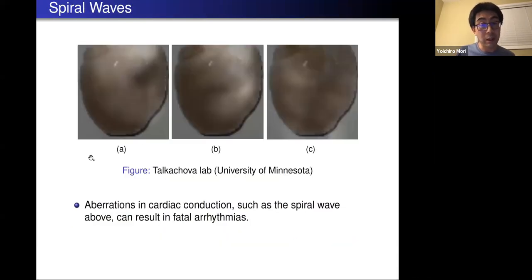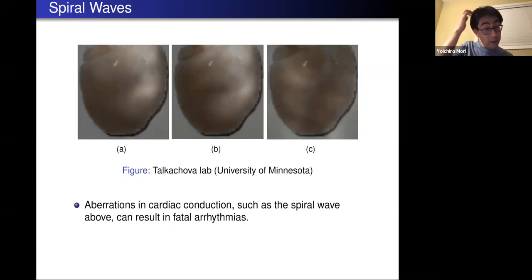I would like to show some movies here. This is a rabbit heart, an experimental preparation that comes from the Tolkacheva lab at the University of Minnesota.